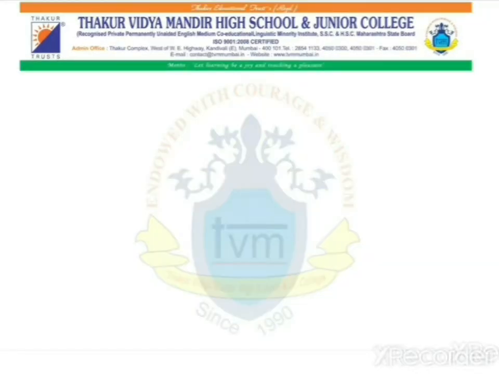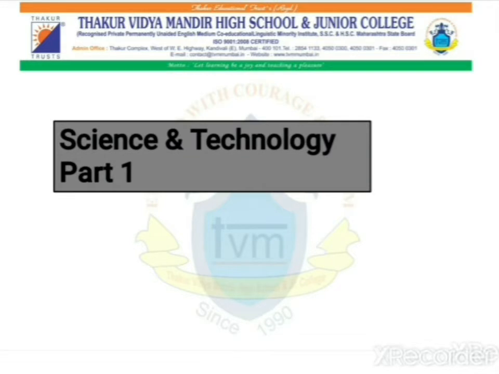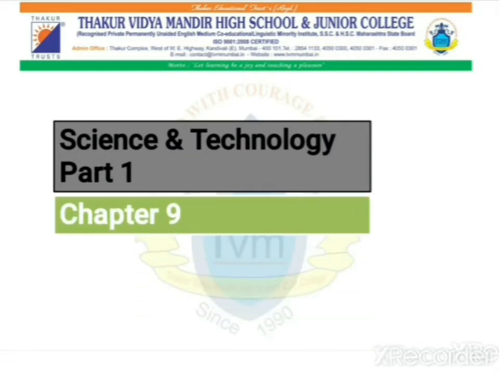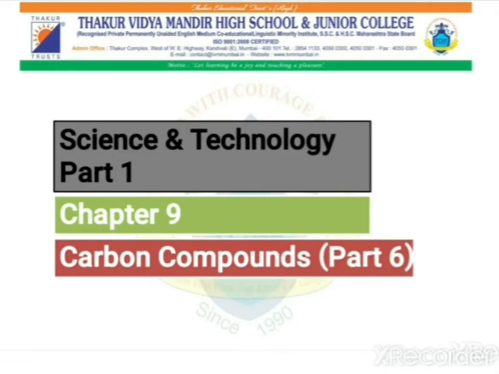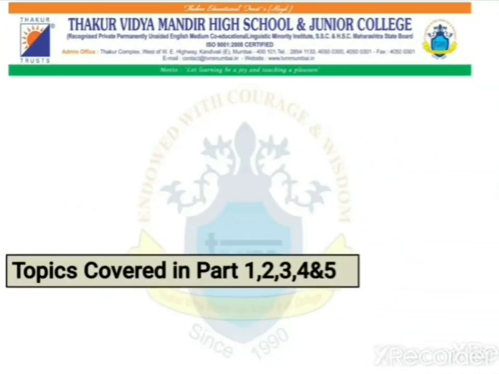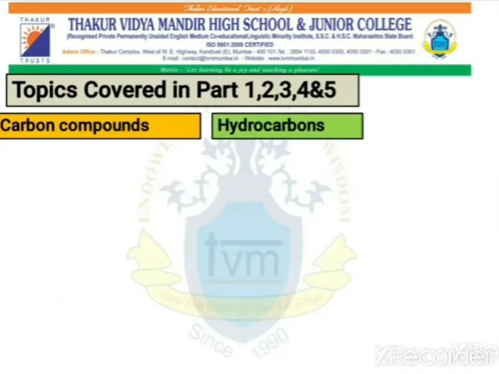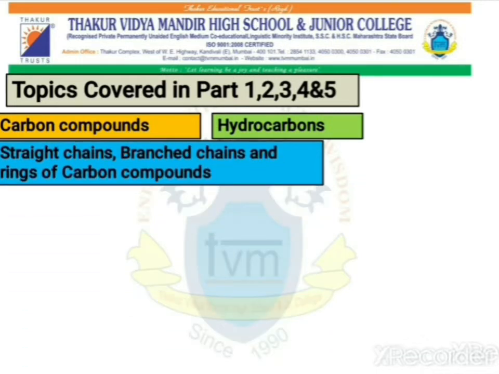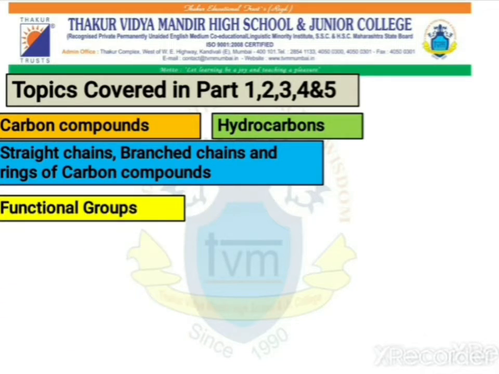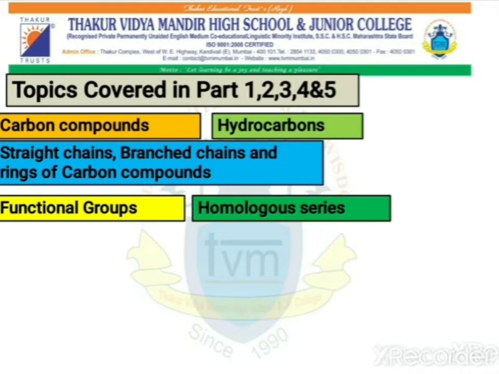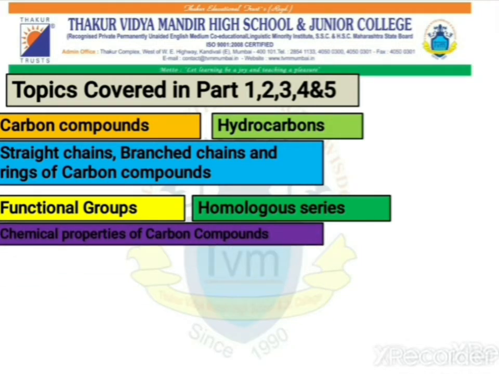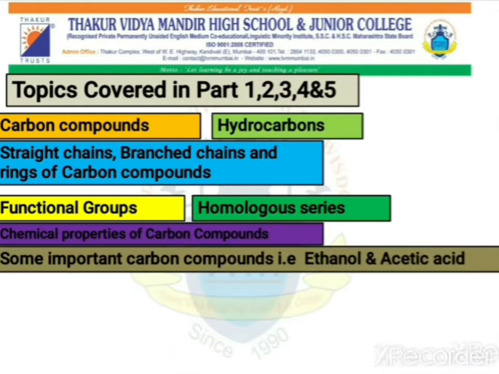Students, today we are going to see the chapter from Science and Technology Part 1. Chapter number 9, that is carbon compounds. Students, we have already seen the earlier parts of this topic in which we have covered topics like carbon compounds, hydrocarbons, straight chain, branch chain and rings of carbon compounds, functional groups, homologous series, chemical properties of carbon compounds, and some important carbon compounds, that is ethanol and acetic acid with its properties.